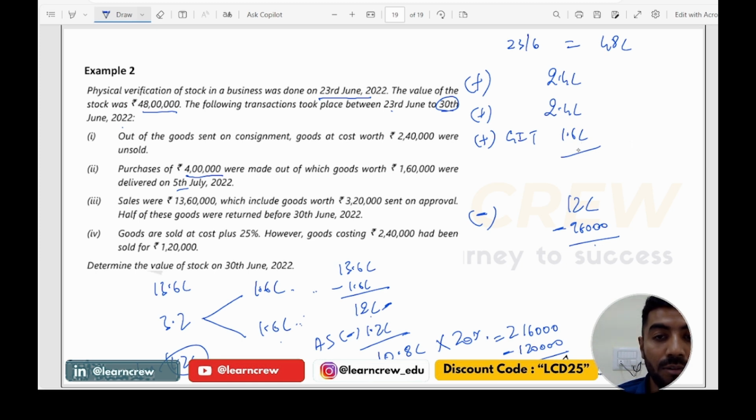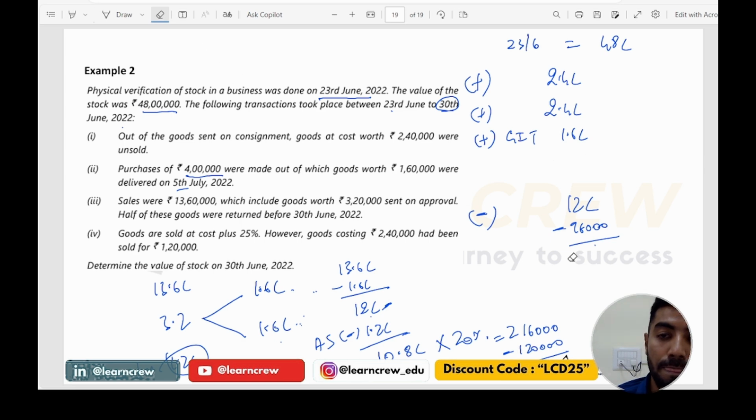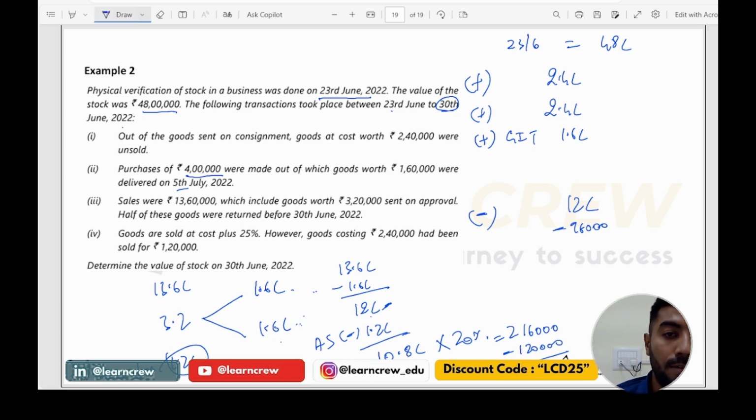Also, one item which we need to take into consideration is the cost of goods sold which was sent on approval basis. The goods include 3 lakh 20 sent on approval basis.